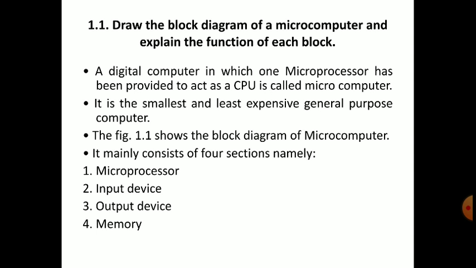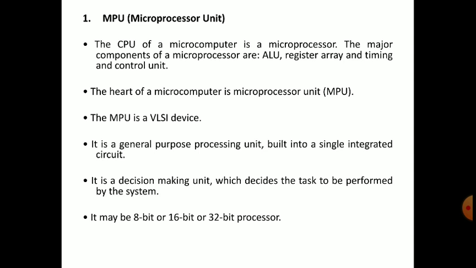The figure shows the block diagram of a microcomputer. It mainly consists of four sections, namely microprocessor, input device, output device, and memory. First, see the MPU, that is the microprocessor unit. The CPU of a microcomputer is a microprocessor. You may get confused with these words microcomputer, microprocessor, microcontroller.